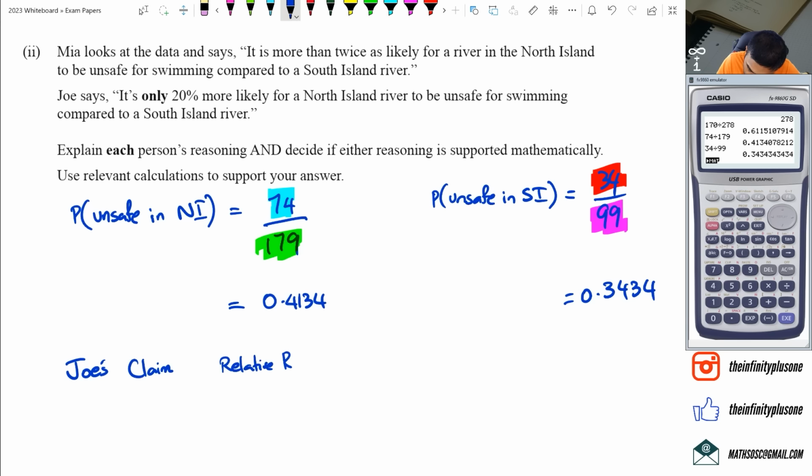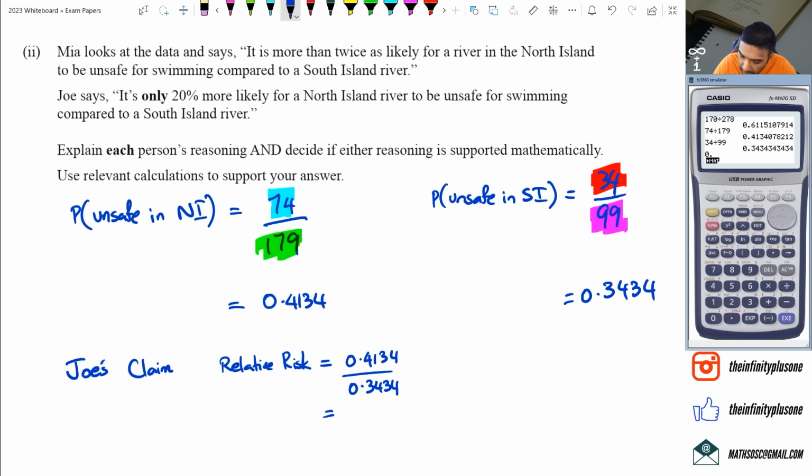The relative risk for North Island compared to South Island is 0.4134 divided by 0.3434. When I type 0.4134 divided by 0.3434 into the calculator, this gives me 1.204.